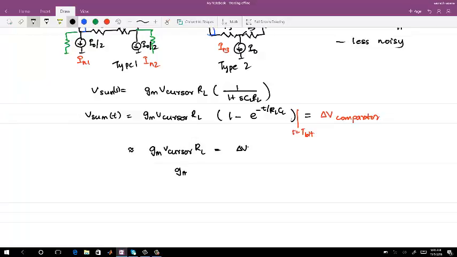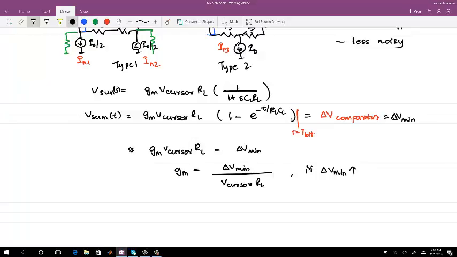Now, GM is equal to delta V minimum by V cursor RL. I'm using different notations. So if delta V min increases, what do I need to do for the same circuit? If delta V cursor, whatever is coming from the channel loss, is the same.